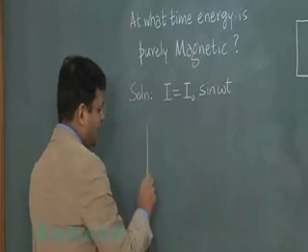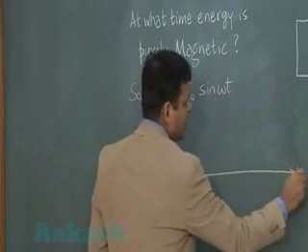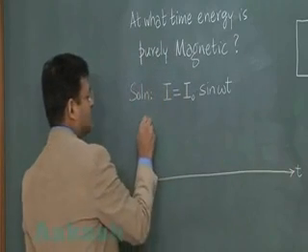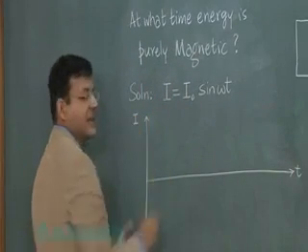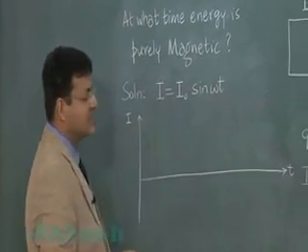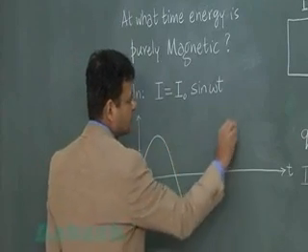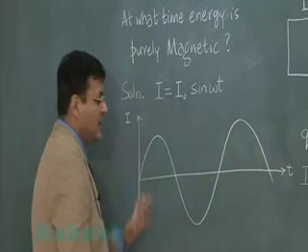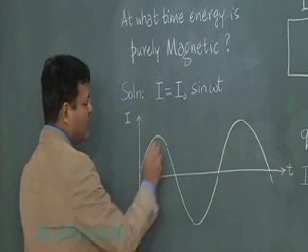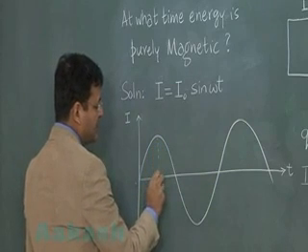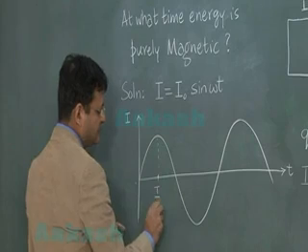And if we look at the variation of current, it is essentially a sine function, so it has a variation like this. You understand? Now you see this was the point 0, but this time will be T/4. Understand?